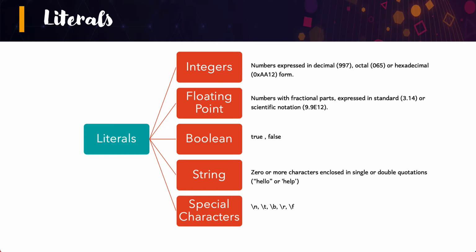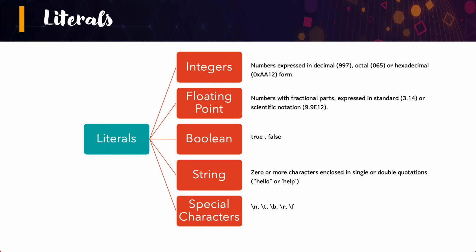And the last type of literal is a special character. These special characters are historically carried forward from JavaScript. These have special meanings that we don't really need to bother about right now. Just understand that there are special character literals.